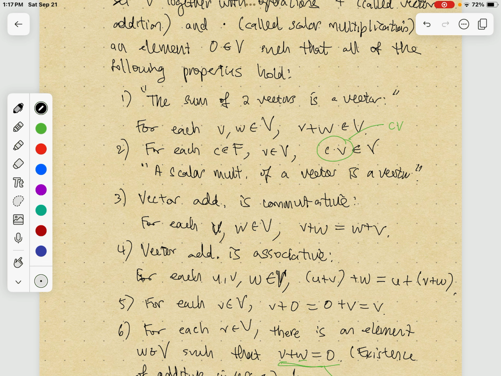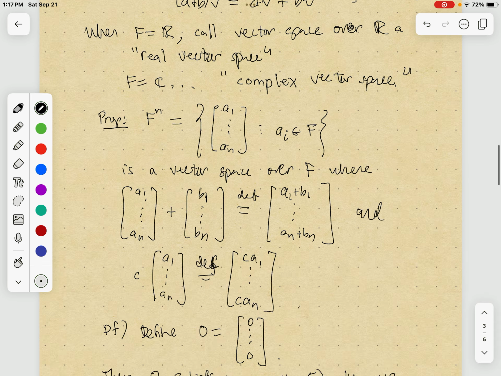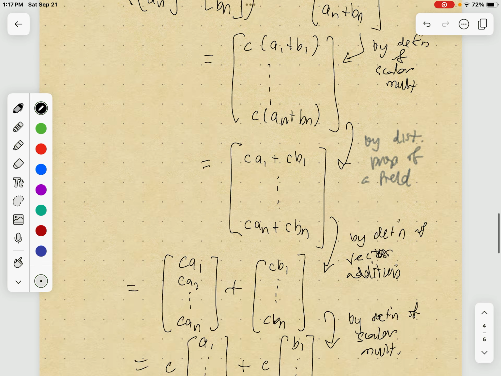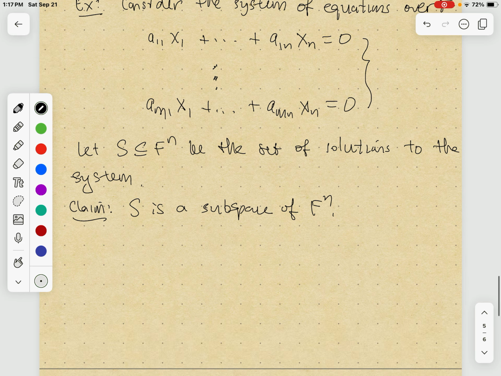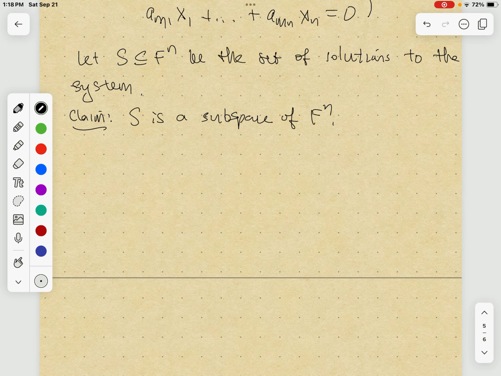First of all, we can take the 0 element in V, which is F^n. So first of all, let's show that S contains a 0 vector. Notice that the 0 vector is in S because it's a solution to the homogeneous system.